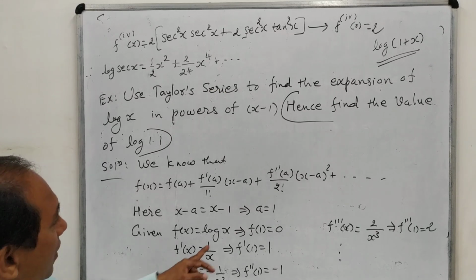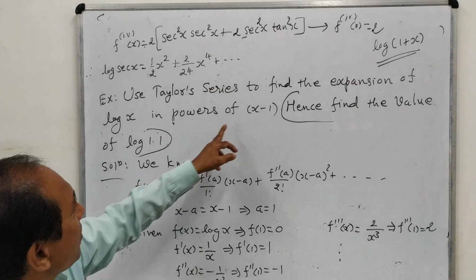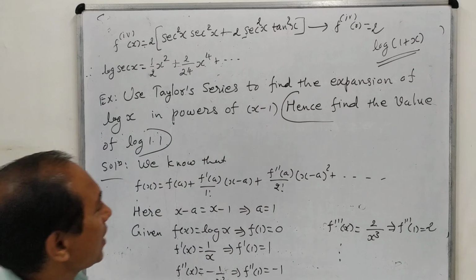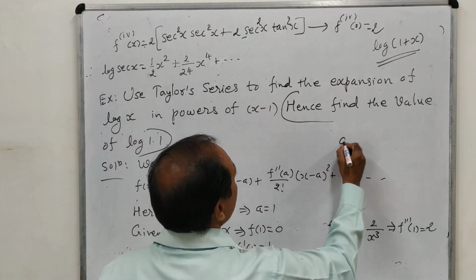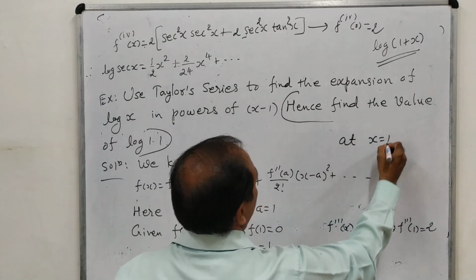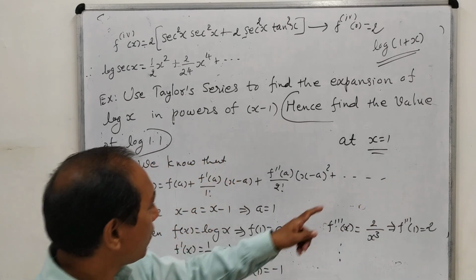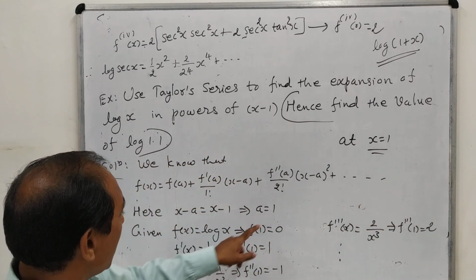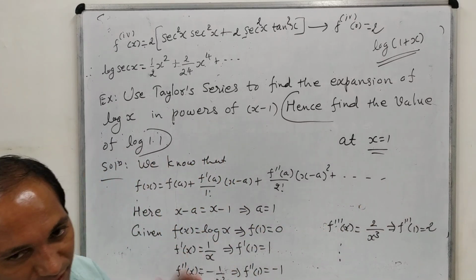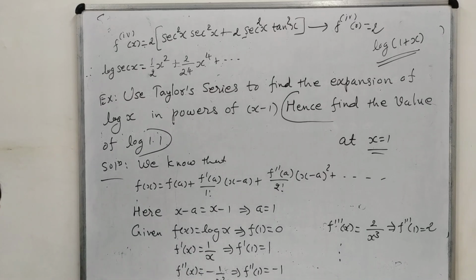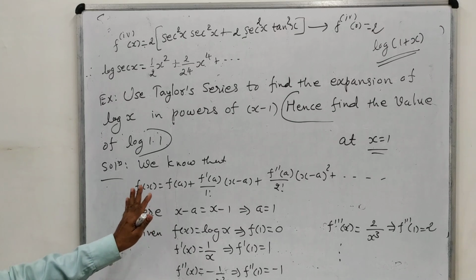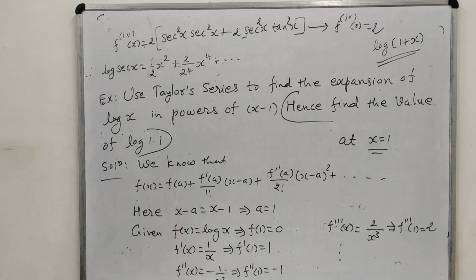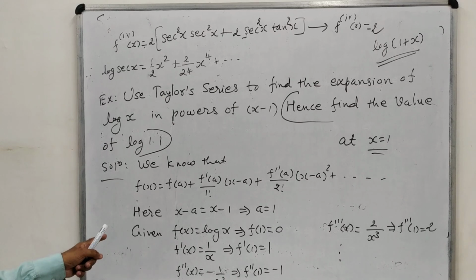But here we are finding the series in powers of x minus 1. That means here we are finding the series at x equal to 1, so the value a equal to 1. So log of 1 we can find, and it is 0. And that's why here we are able to find the series of log of x. Okay.